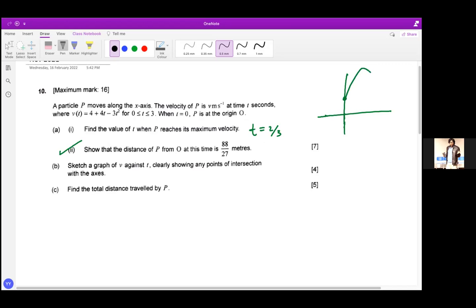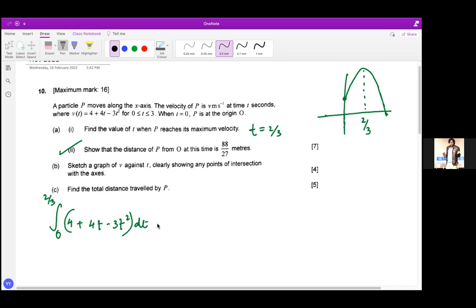It is maximum at 2/3, so 2/3 is the line of symmetry here. To get the distance, you just integrate between 0 and 2/3 the expression 4 plus 4t minus 3t squared.